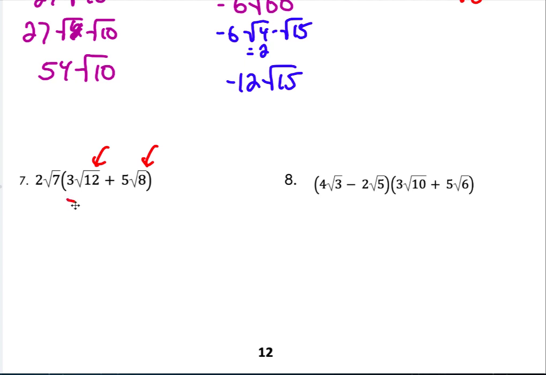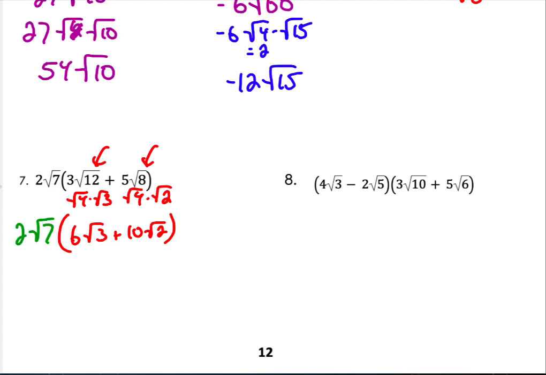So square root of 12 is 4 times 3, and 8 is 4 times 2. So this becomes 6 square roots of 3 and 10 square roots of 2. I didn't end up with any in common. I don't have the same radicand, so I can't combine those together.